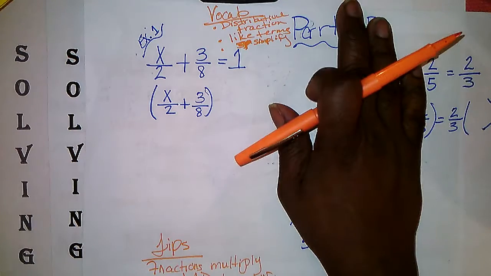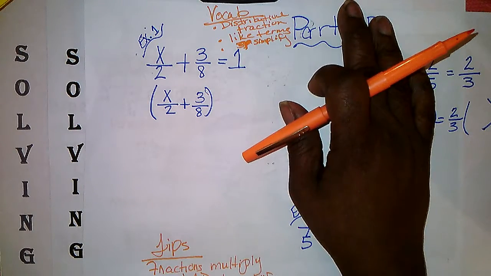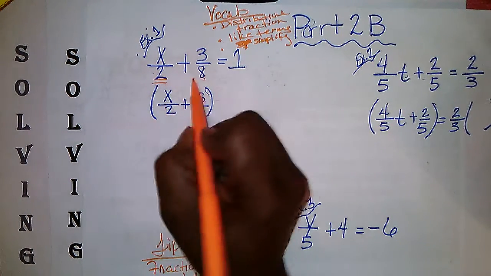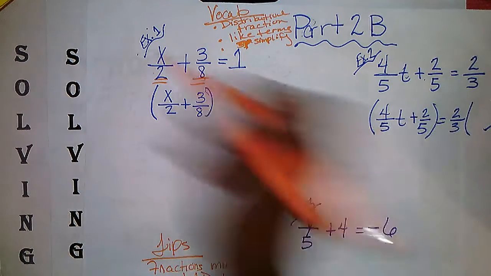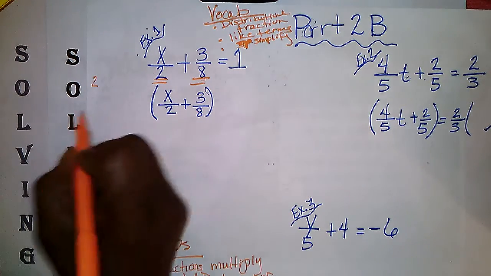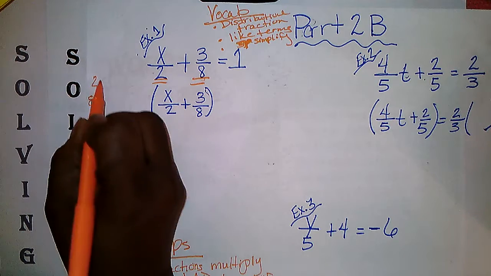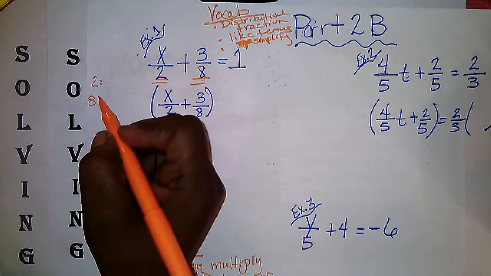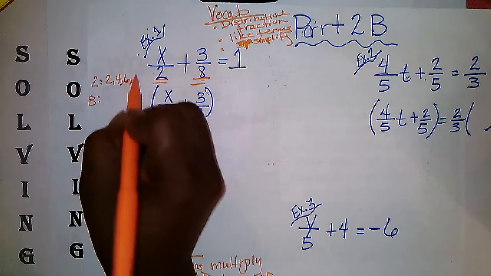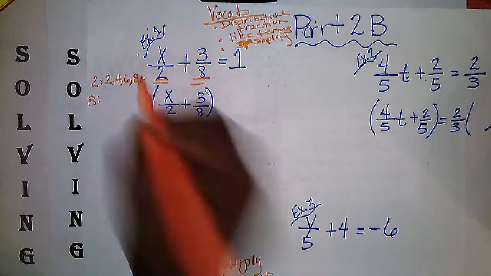We're going to look at our first example, and we look at the denominators. We have 2 and 8. To get the least common multiple, we can list them. And remember, multiples are skip counting. So you got 2, 4, 6, 8, 10.